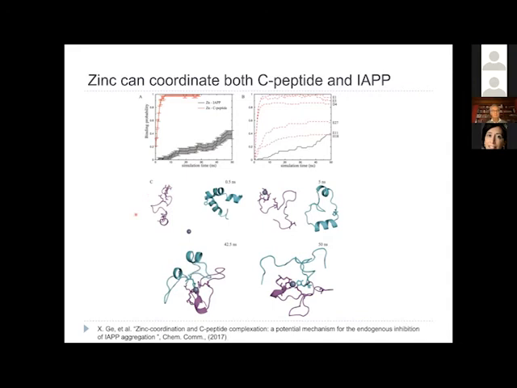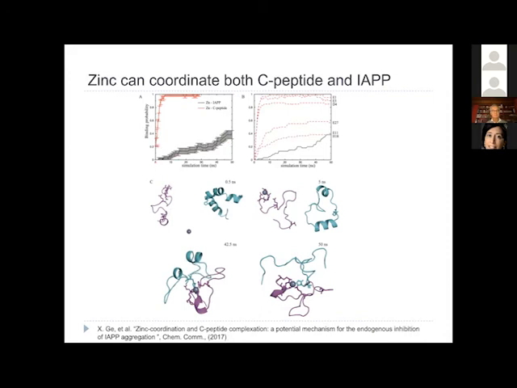So I will not go into details about the model itself. But what we did is add zinc together with one IAPP and one C-peptide in a box simulation. This is the averaged binding probability of zinc with IAPP and C-peptide in this simulation box, averaged over 100 independent simulations.